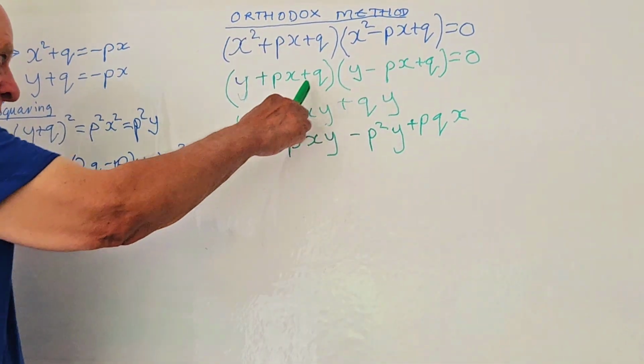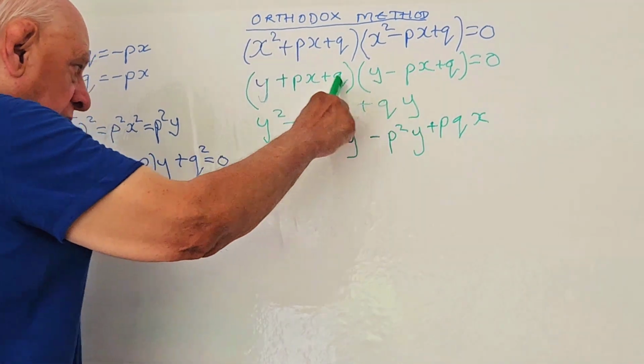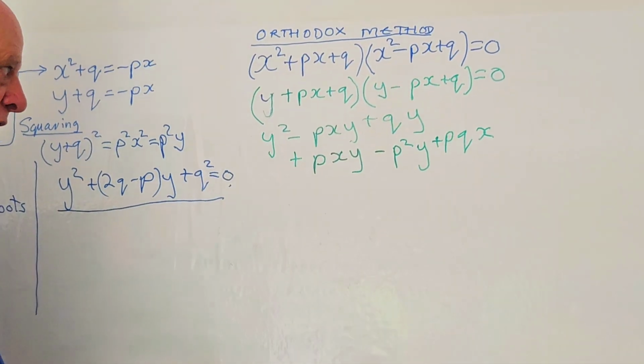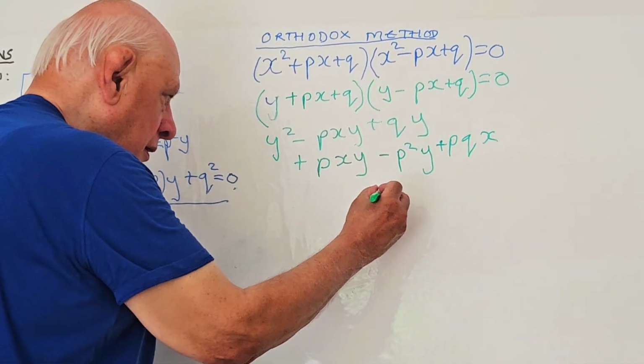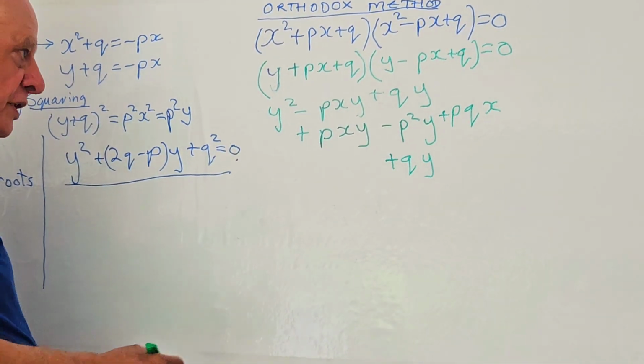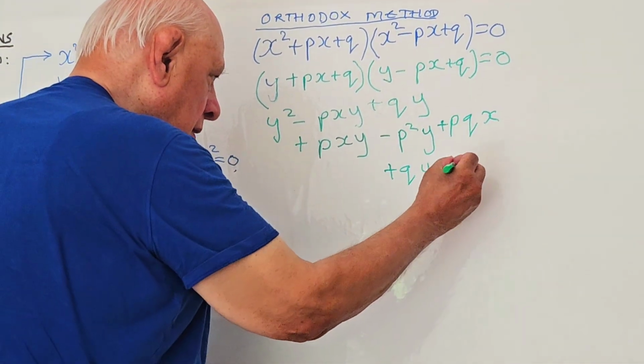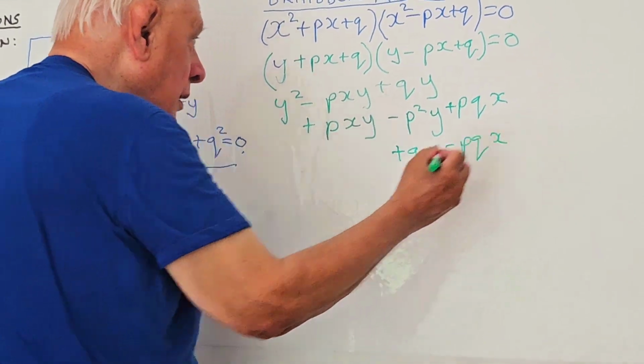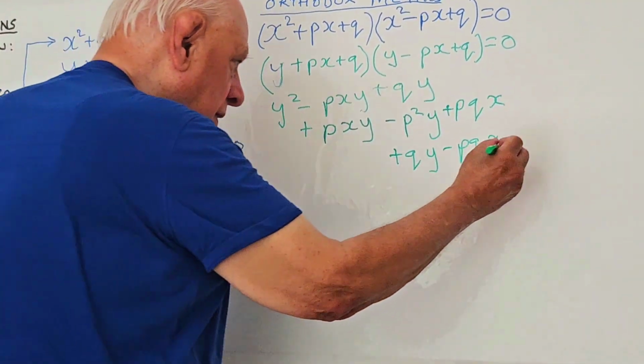And then finally, multiply each of those by the q. So that would be qy minus pqx plus q squared.